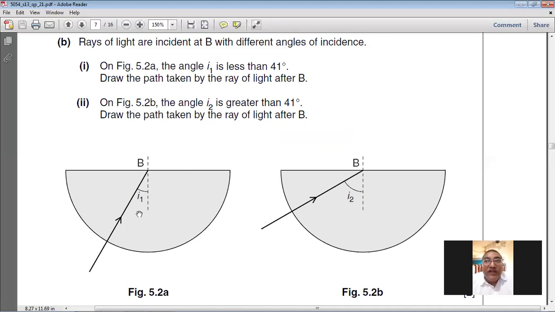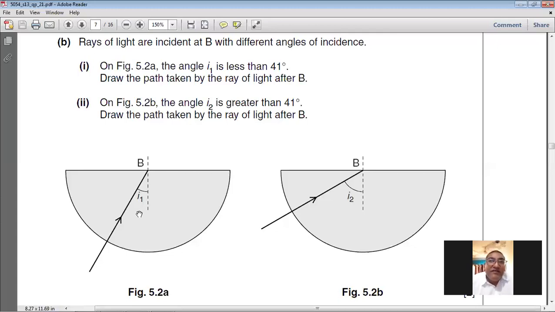So if it is less than the critical angle, the light will enter into the air and bend away from the normal. On figure 5.2a, draw the path taken by the ray of light after B. And on figure 5.2b, the angle I2 is greater than 41 degree. Draw the path taken by the ray of light after B.